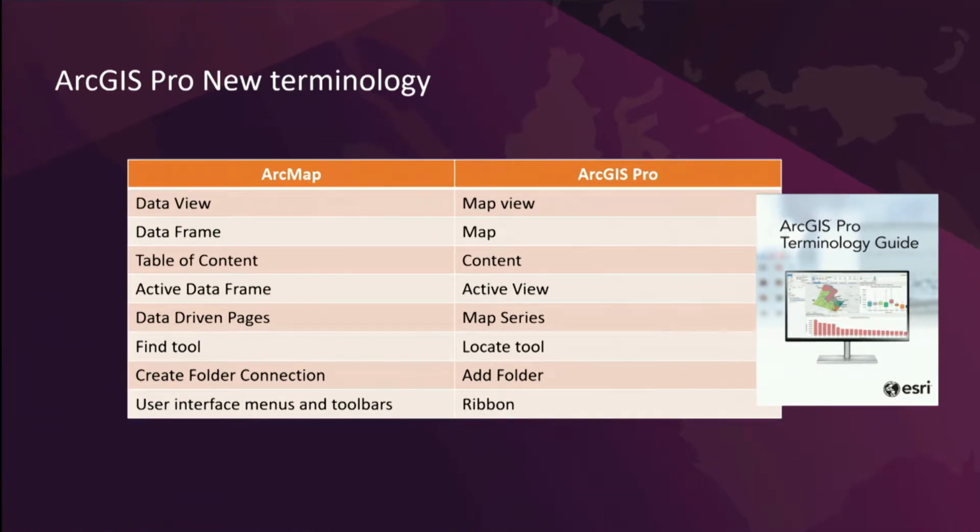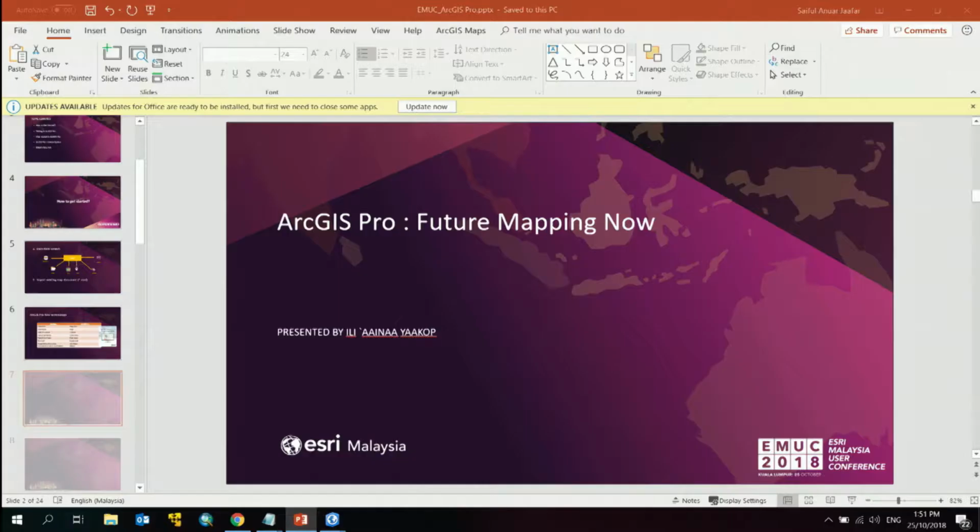Sebab rupa dia dah lain sangat ArcMap dan juga ArcPro. For example, a data frame, as you know in ArcMap, is now called a map in ArcGIS Pro. For starters, you may refer to the guides that Esri shared with you. One of them is the ArcGIS Pro Terminology Guide, to dig into more information on this. Okay, so we will proceed with the demonstration.